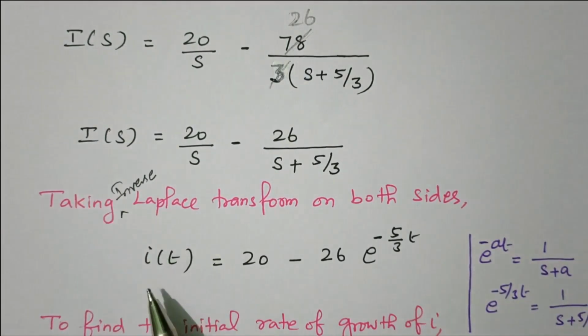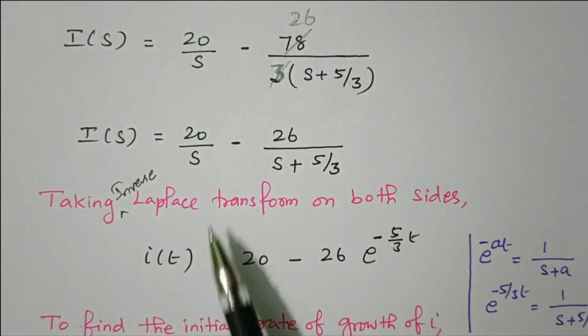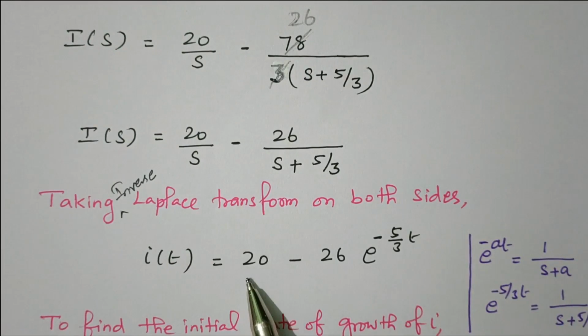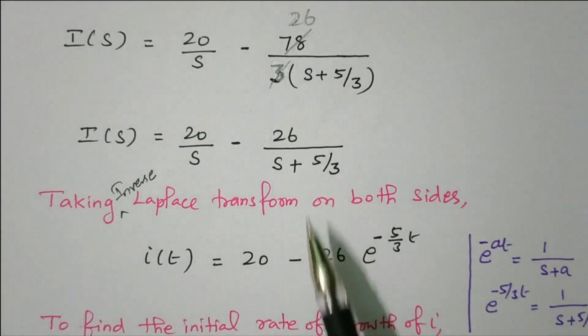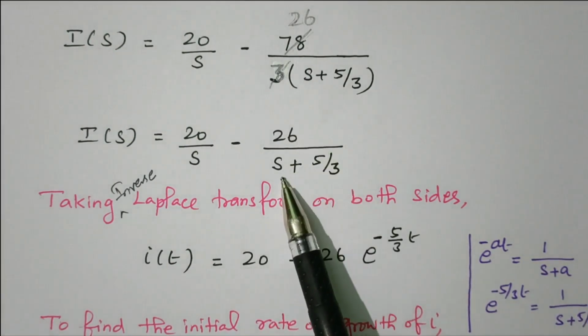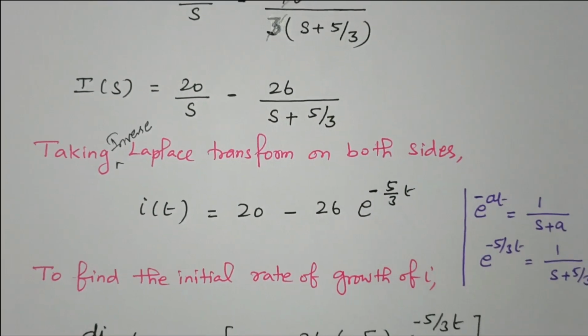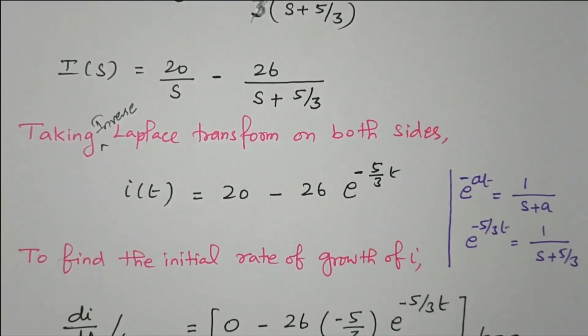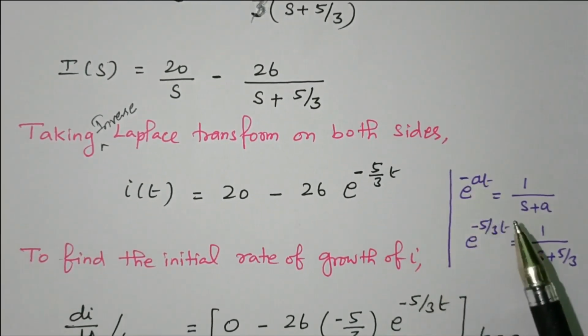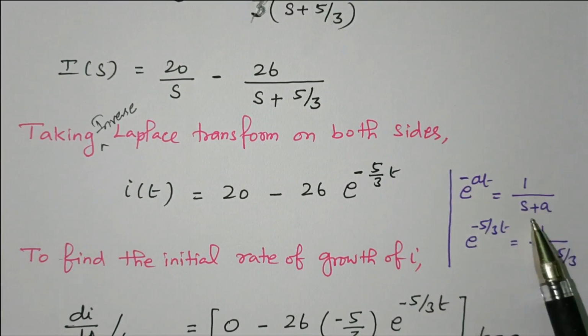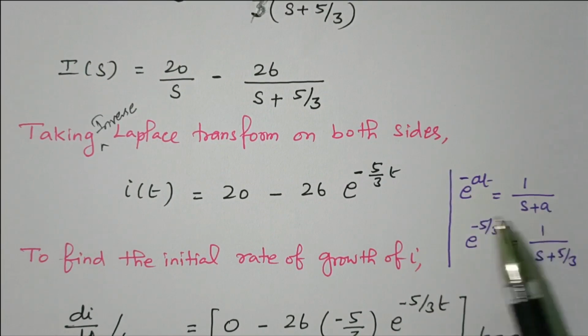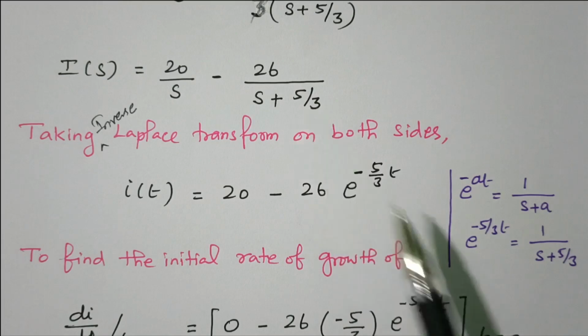So I of s becomes I of t, that is equal to 20 times 1 divided by s, which is 1. So 20 minus 26 times 1 divided by s plus 5 by 3, which is e power minus 5 by 3 t. That is based on this formula: e power minus a t equal to 1 divided by s plus a. This a is nothing but 5 by 3.